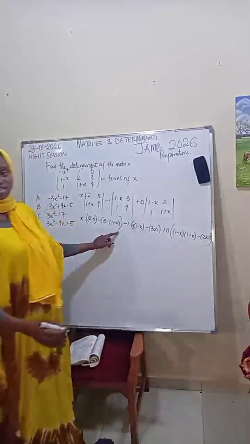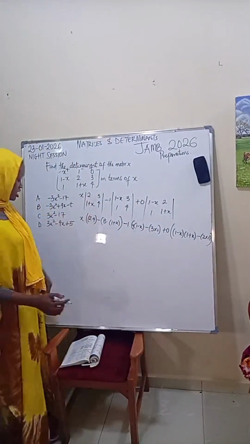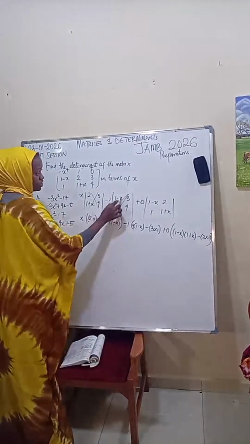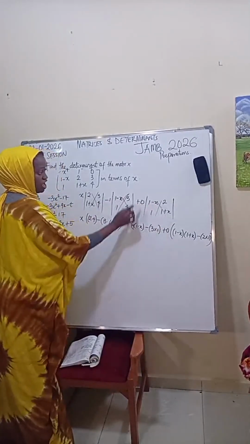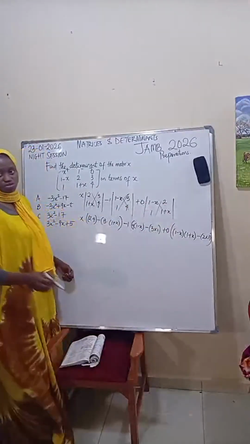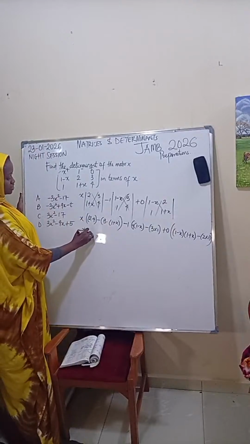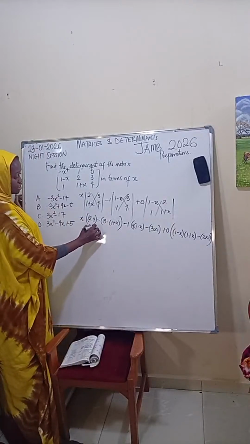I'm just multiplying this way, nothing special. After multiplying, you subtract the two of them together. So this becomes x, open bracket, 2 times 4 is 8, right?